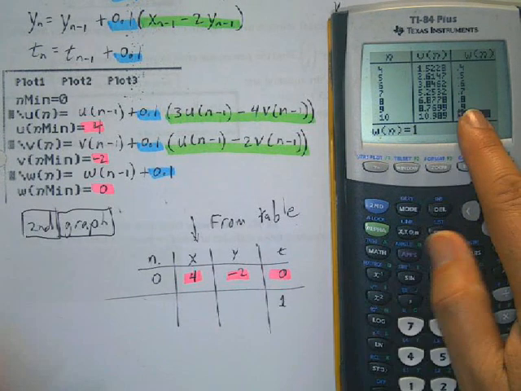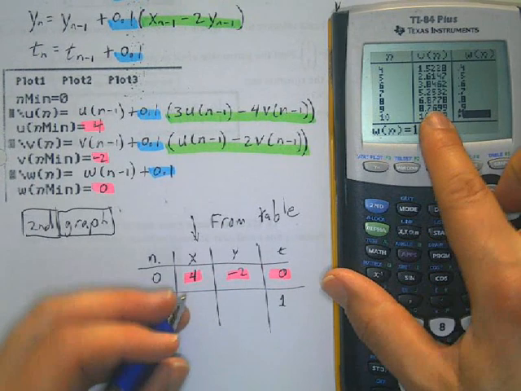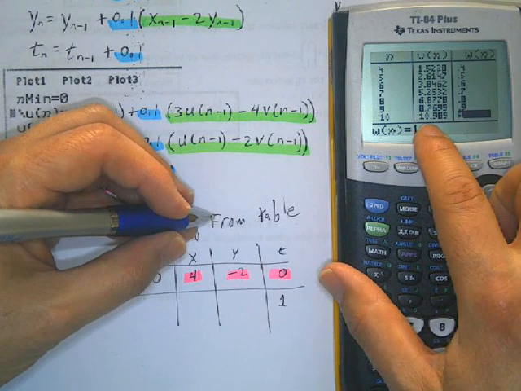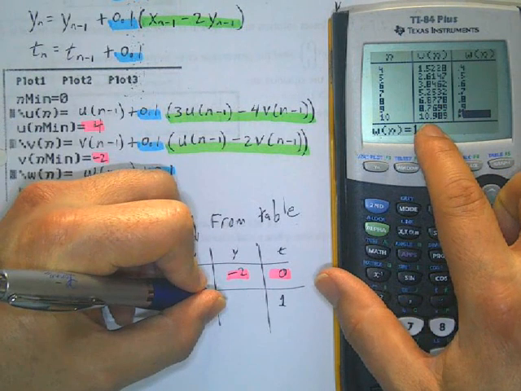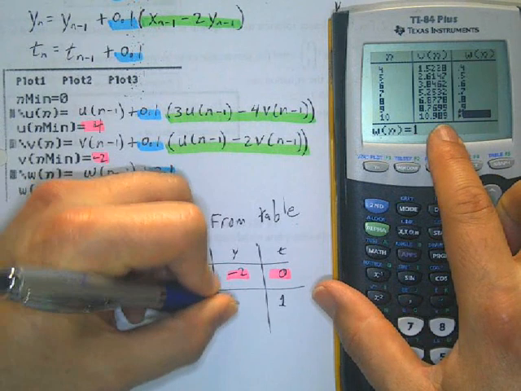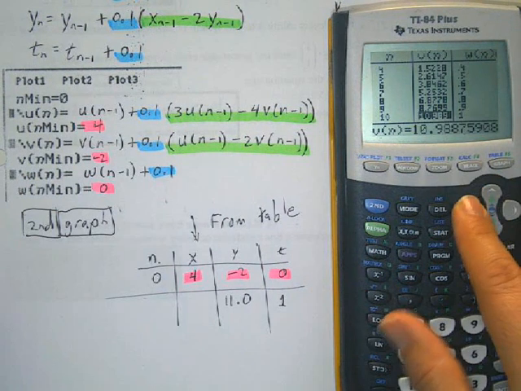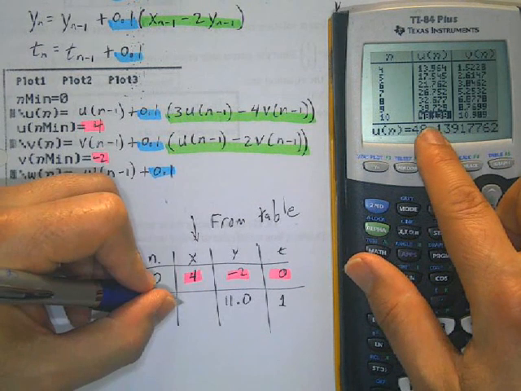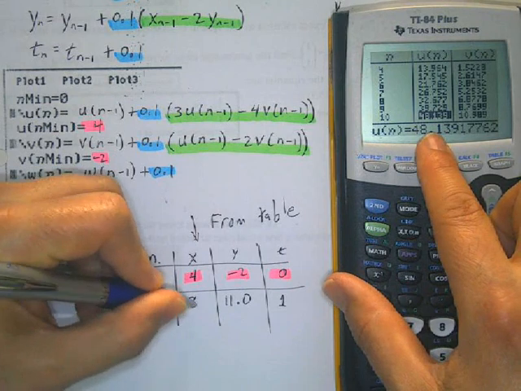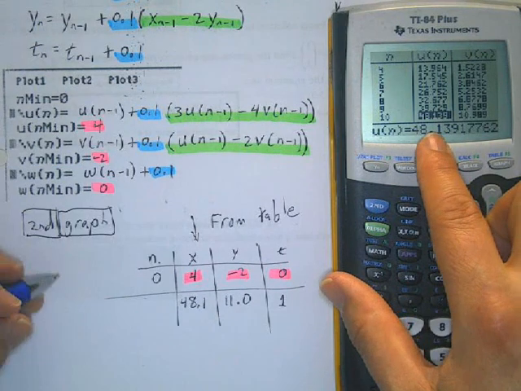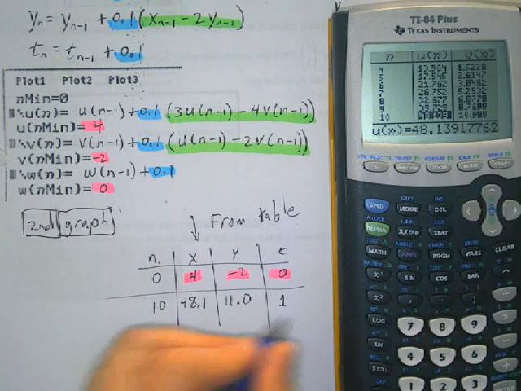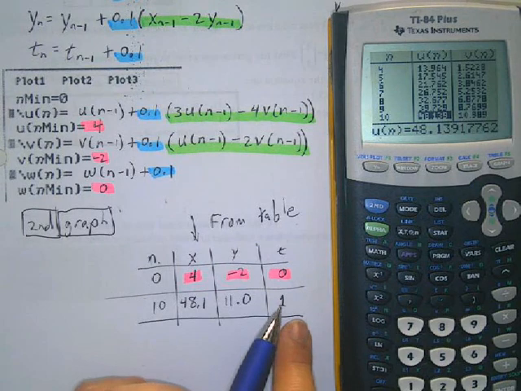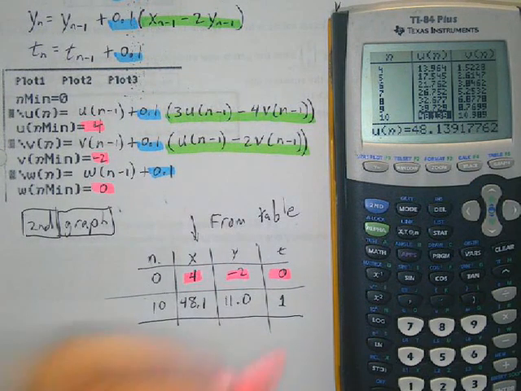Okay, so when t is 1, my y value is 10.98, so let's call that 11.0. And my x value is 48.1, and my n value is 10. The n value should make sense because we had a step size of 0.1, and we're going up to a t value of 1.